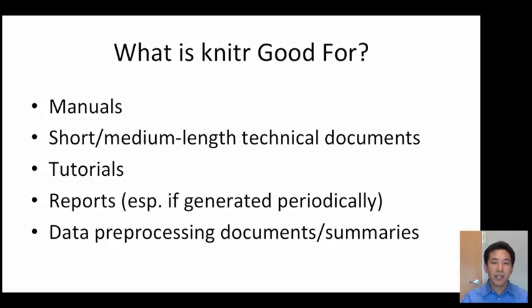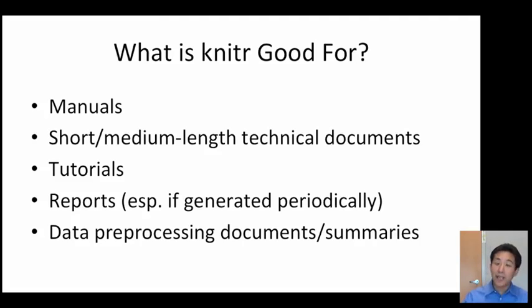If you're running a study and you have subjects that are constantly being enrolled in the study, then maybe every week you generate a report that has summary statistics about the study. Then these kinds of live documents are very useful because you can recalculate all the summary statistics as you generate the document. You don't have to do it by hand and then stick it into a report separately.